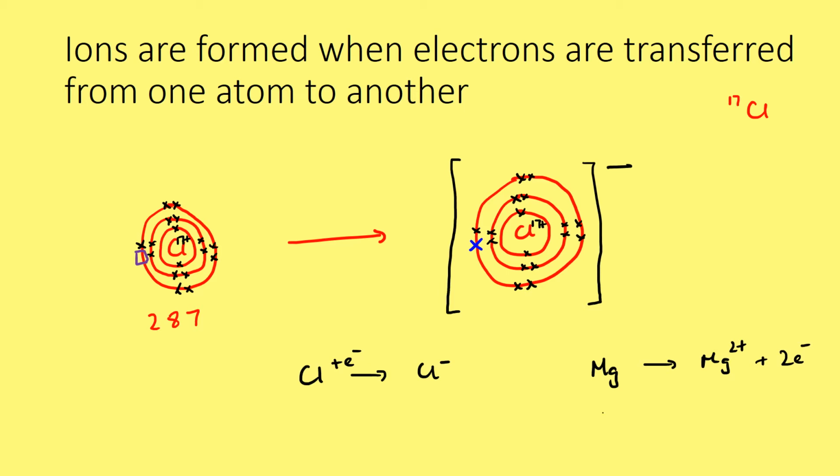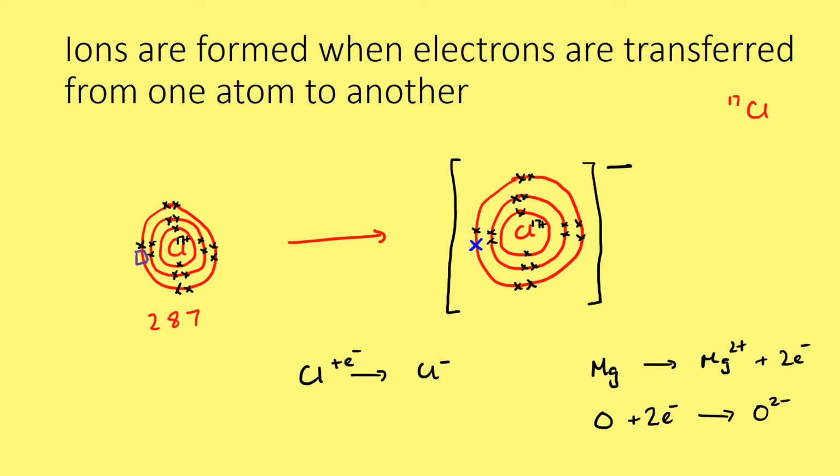And a non-metal that's not in group 7 would be oxygen, and when that oxygen atom makes an ion, it gains 2 electrons to become an oxygen 2 minus ion, like that. A couple of other examples.